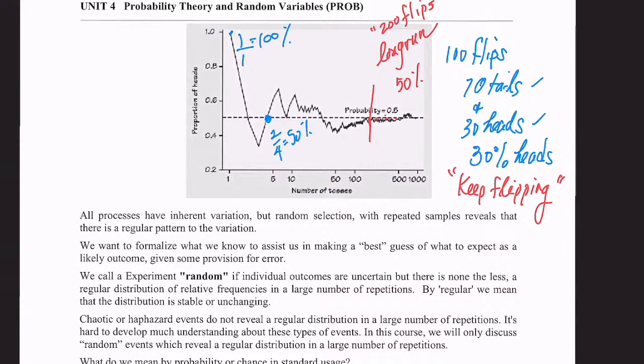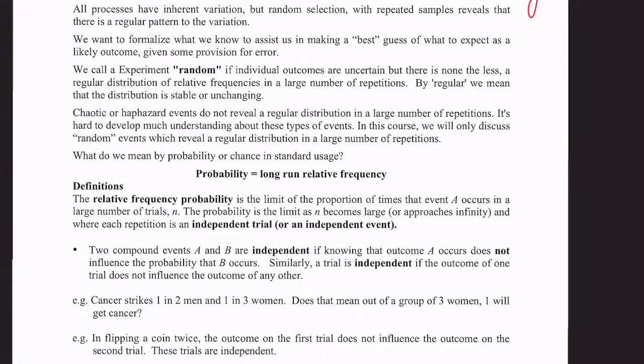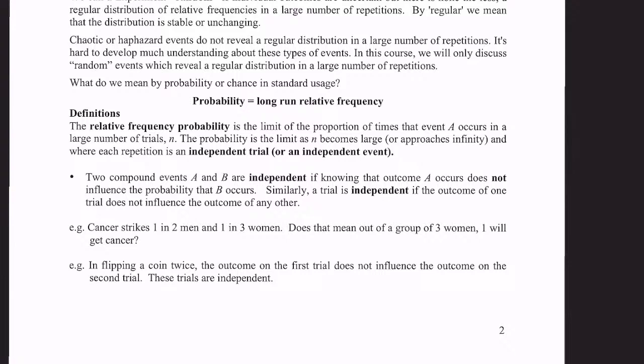So this is what probability is. The probability is the same as the long run relative frequency. To actually demonstrate outcomes, you'd have to consider the possibility in the long run.